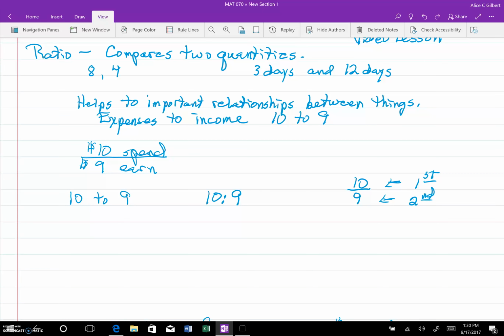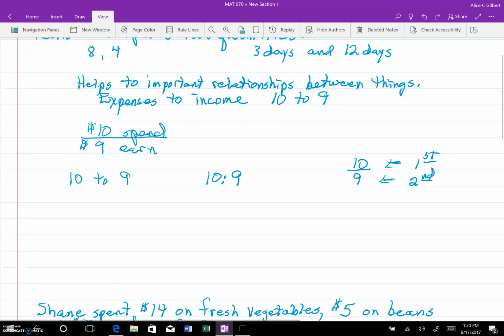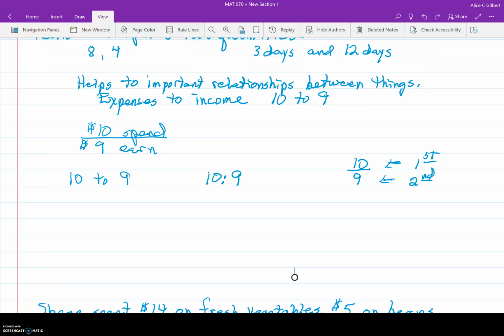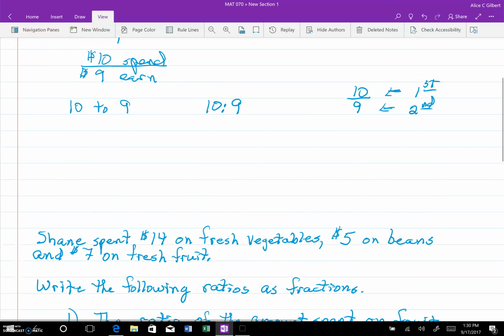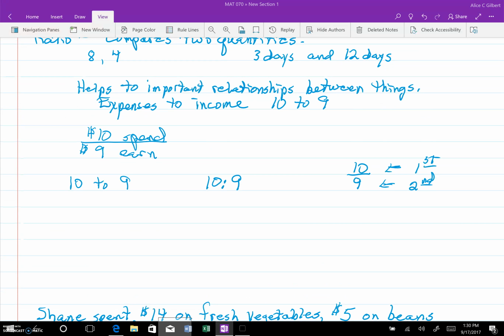We can talk about length to width. If we have the same measurement, excuse me. So let's say I had 14 feet to 11 feet.